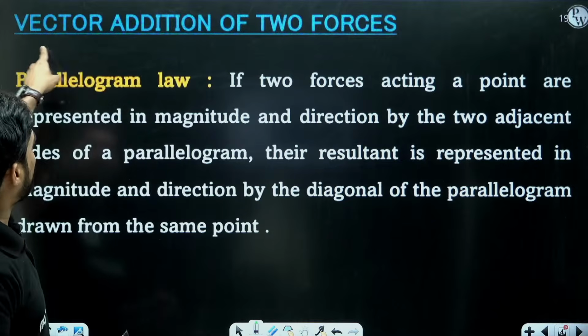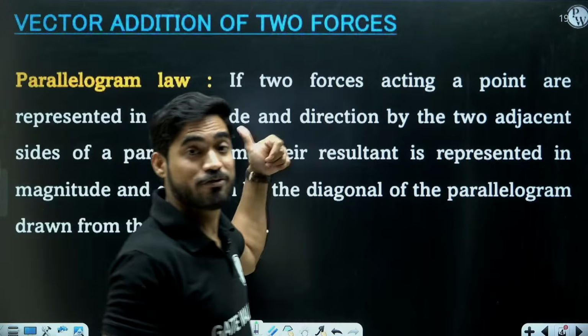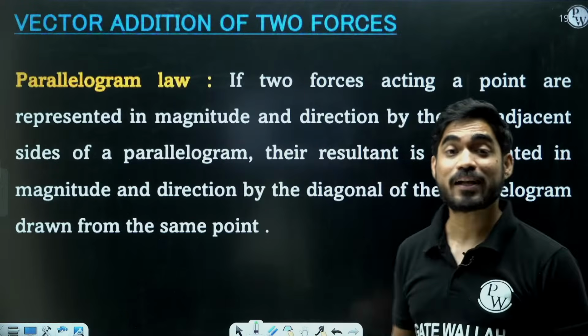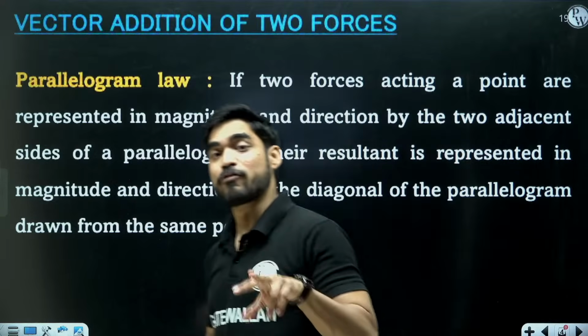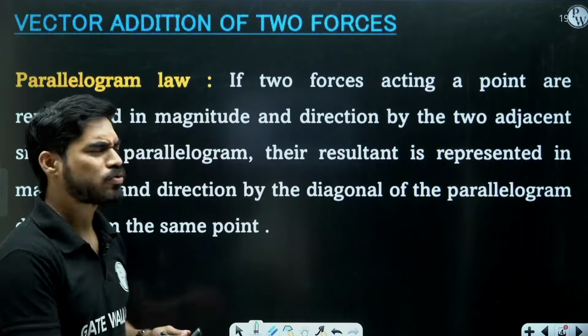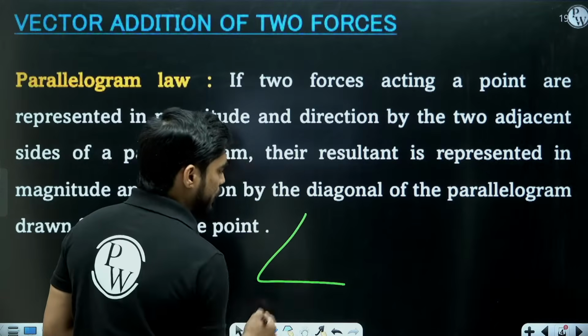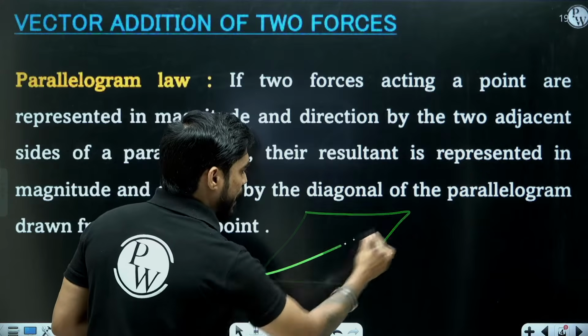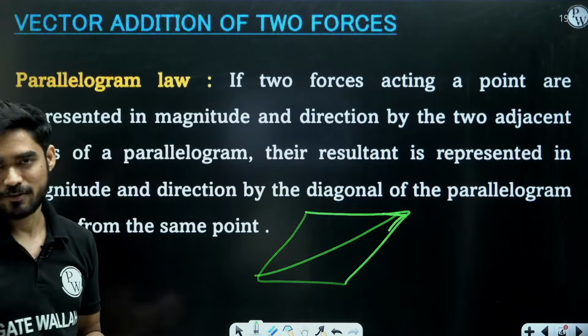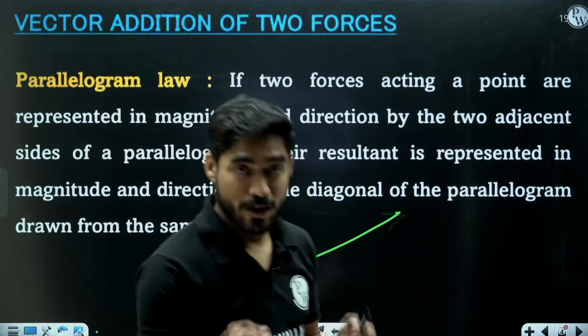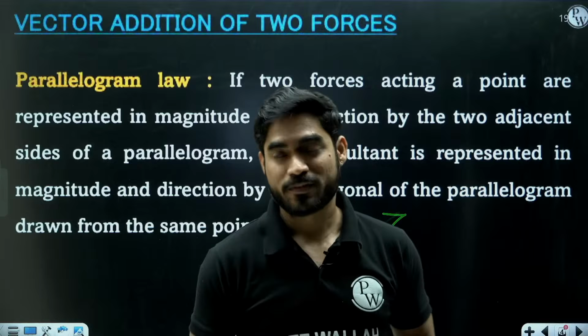And then we saw the vector addition of two forces, for which we use the parallelogram law. What is the parallelogram law? If the two forces are like two sides of a parallelogram, then the diagonal of this parallelogram is the resultant, and we found out a formula for the resultant.